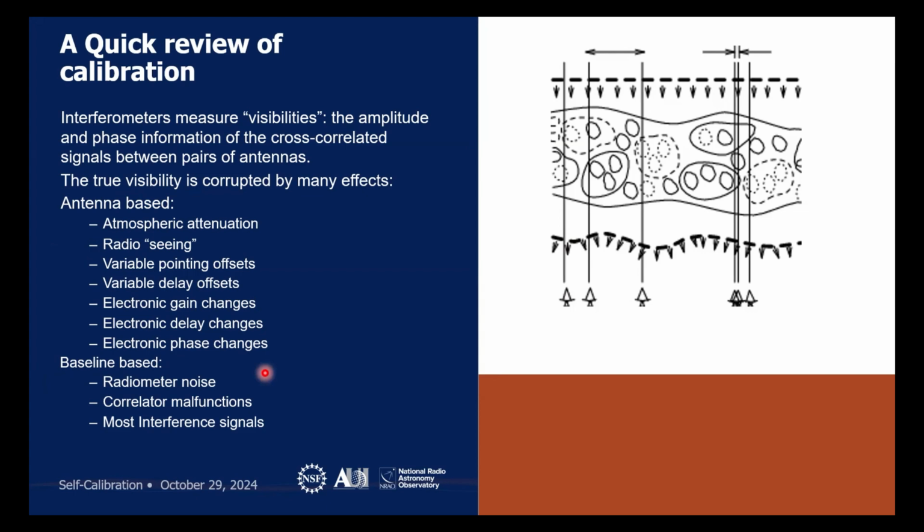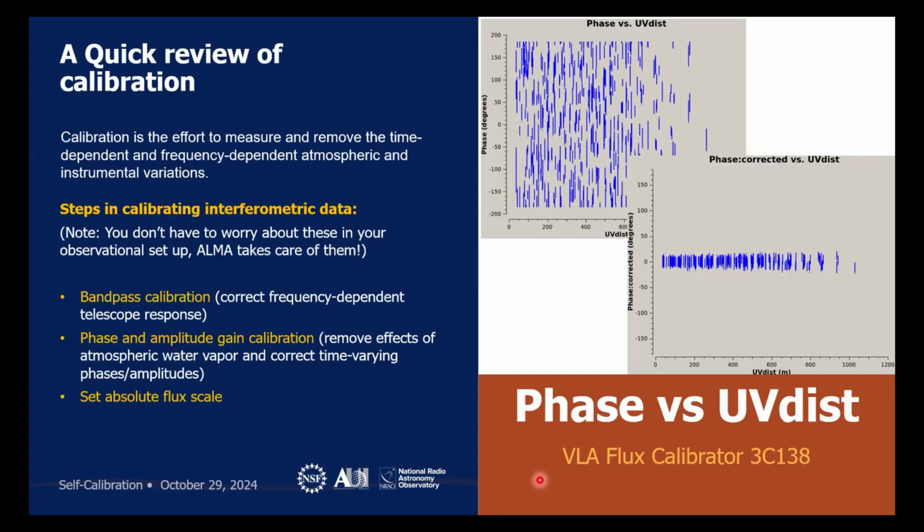If we are doing the baseline interference pattern, there are also problems from correlators, interference signals, or some noise in the radiometer. So doing calibration is the effort to measure and remove any atmospheric or instrumentation variations that may happen. And they could depend on either time or frequencies.